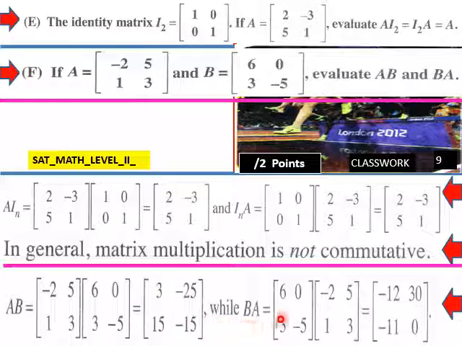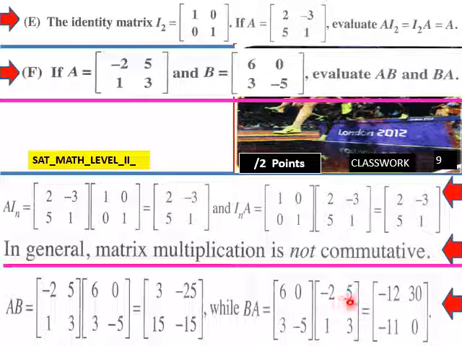While our BA now, we go 6 times -2 is -12, and 0 will be -12. Then 6 times 5 is 30, and then 0 times 3 is 0. We get 30. And then 3 times -2 is -6. -5 times 1 is -5, giving -11.